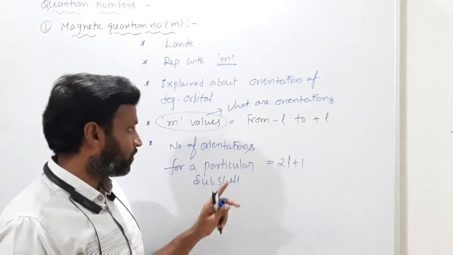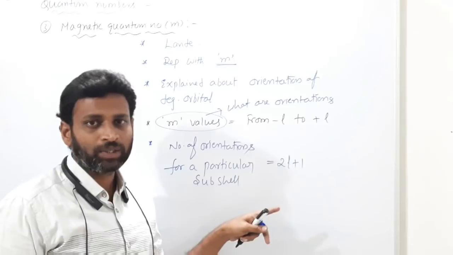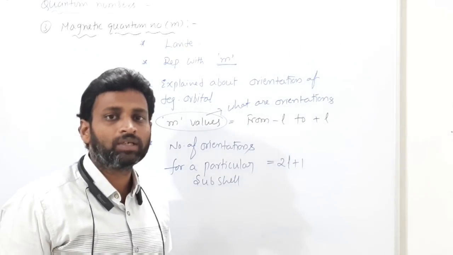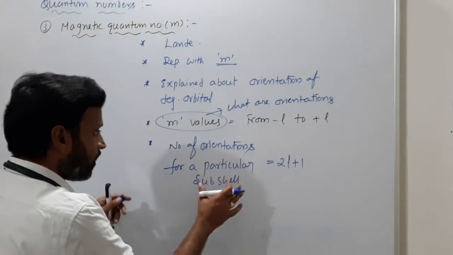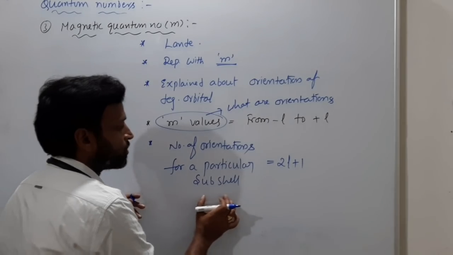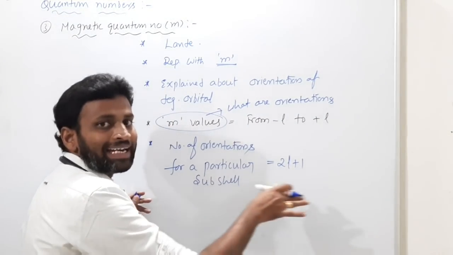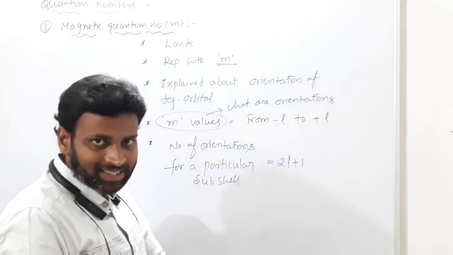Number of orientations: for S, one orientation. For P, 3. For D, 5. For F, 7 orientations. I told you odd numbers for subshells; those odd numbers are the number of orientations for a particular subshell. Orientation is the direction of the electron.